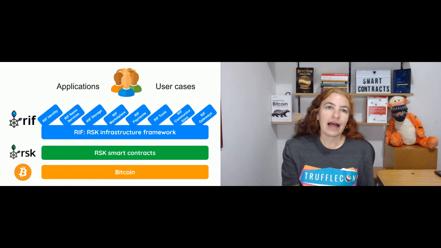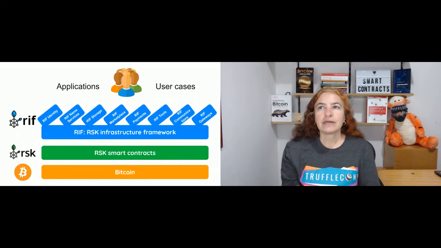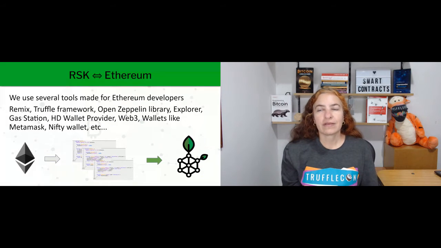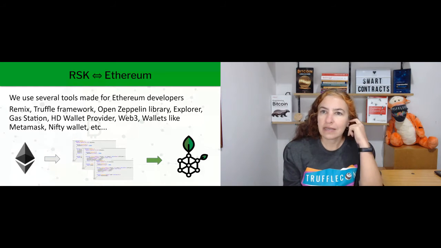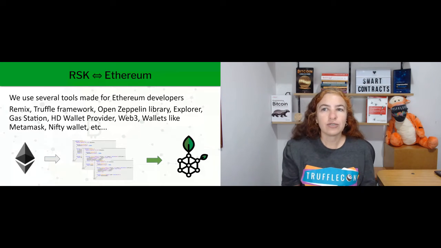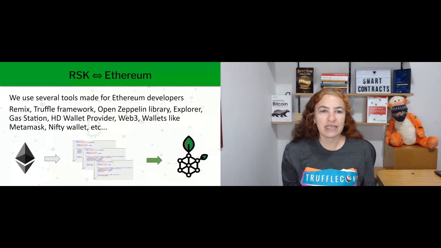And I say that RSK is almost like Ethereum. I use many tools that were made for Ethereum developers, like Remix, Truffle, OpenZeppelin, Gas Station, Blockchain Explorer, wallet providers, Web3, wallets like MetaMask, Nifty.